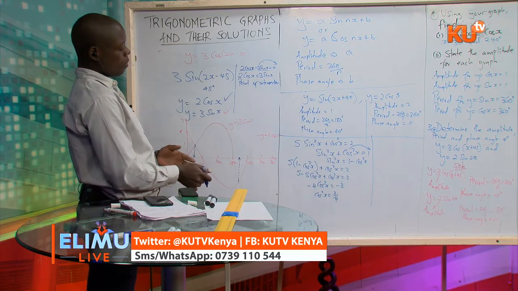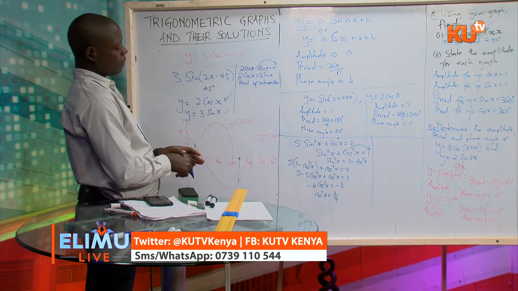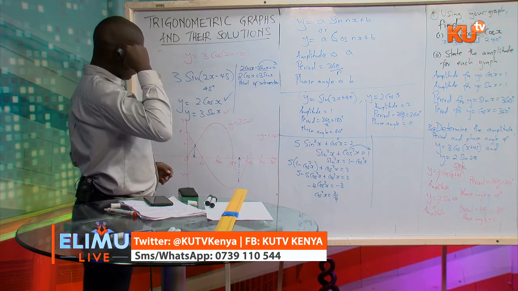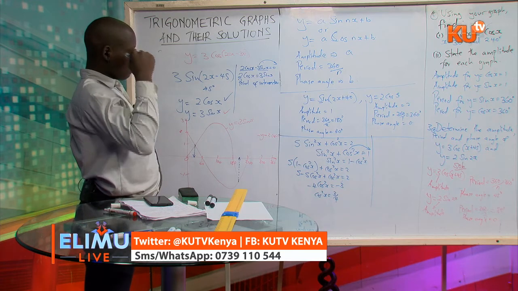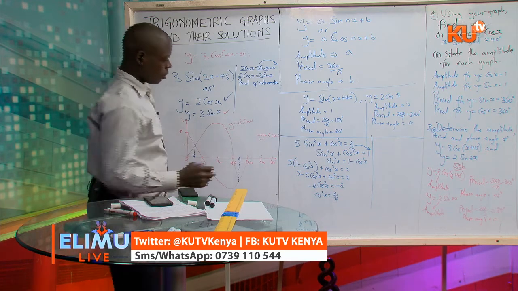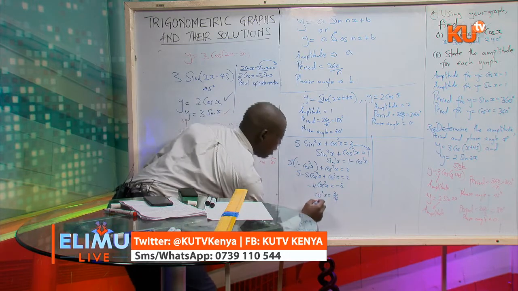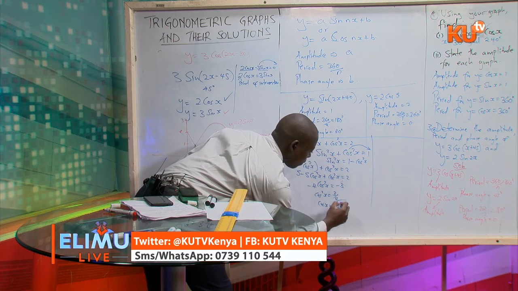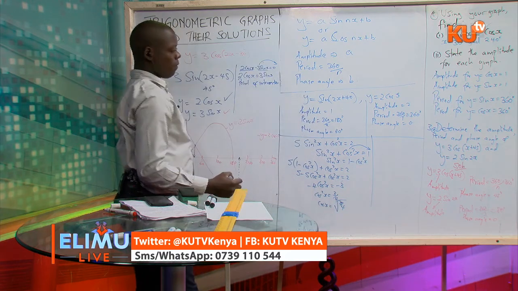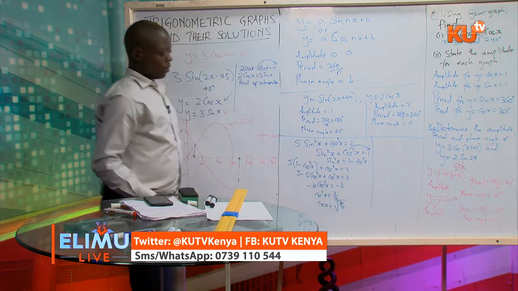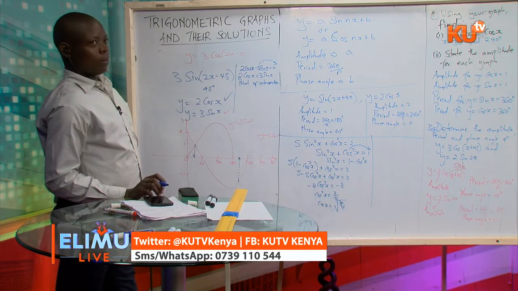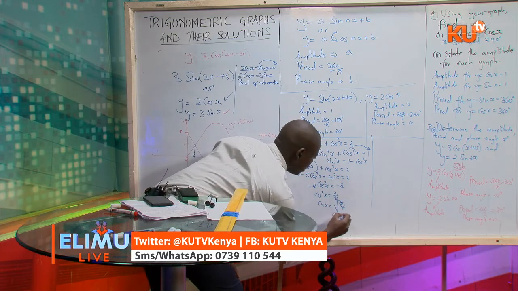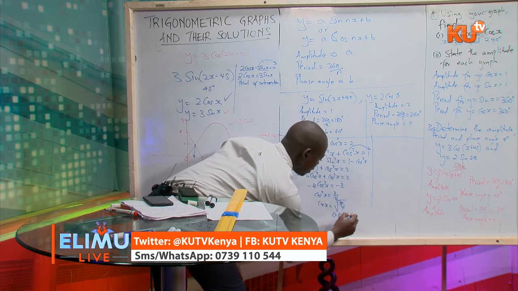So what we need to do is simply first of all, get the cos inverse of 3 over 4. Sorry, this is cos squared. To get cos x, first get the square root of 3 over 4, which is 0.8666.